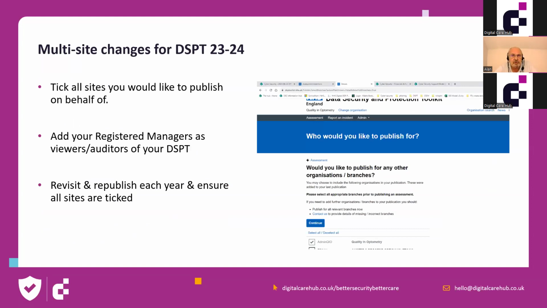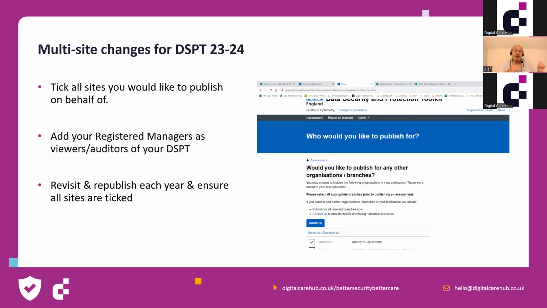So if we move to looking at changes that have happened to make it easier for multiple site organisations, if you're registered with the HQ code, when you log in, it will show you all the linked sites to that particular HQ code, and it will give you the opportunity to tick the ones that you wish to publish for.